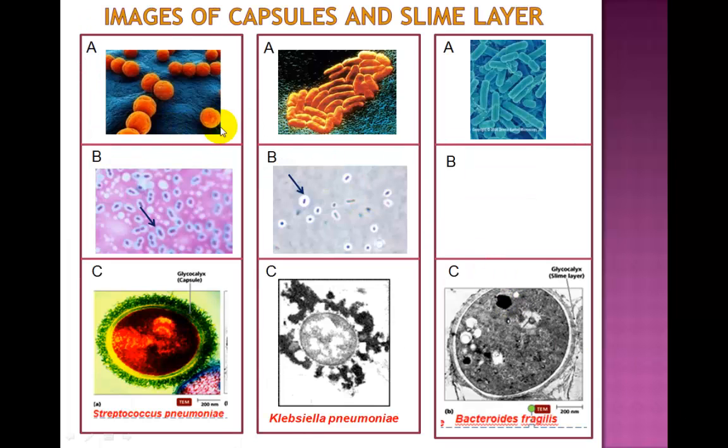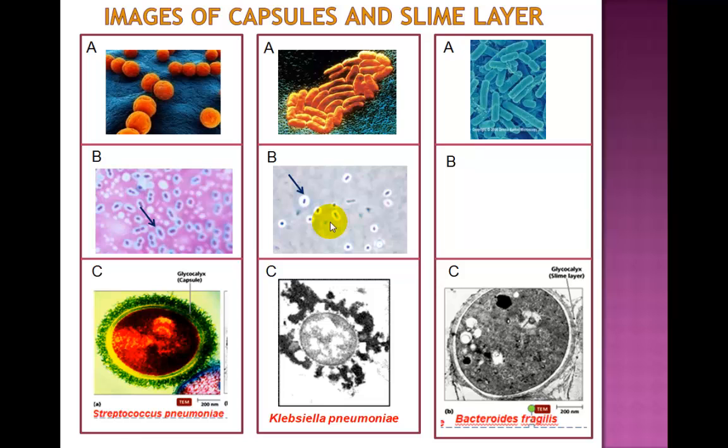Panel A, shown here, is a scanning electron microscopy of three kinds of bacteria, namely Streptococcus pneumoniae, Klebsiella pneumoniae, and Bacteroides fragilis. Panel B is a negative stain for capsules of Streptococcus pneumoniae and Klebsiella pneumoniae.